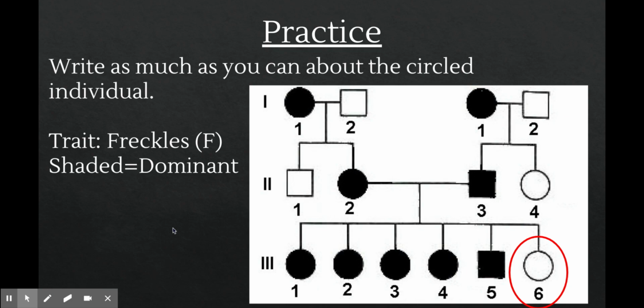All right. Well, you may have written a number of different things about this individual, but here are some examples of what you may have written. You may have written that individual III6 is female, does not have freckles, is the youngest of six siblings, all of which have freckles except for her. Both of her parents have freckles, which means that both of her parents are heterozygous carriers.